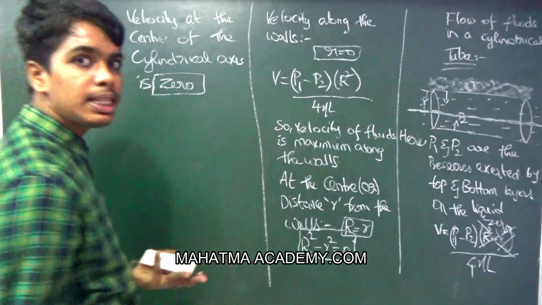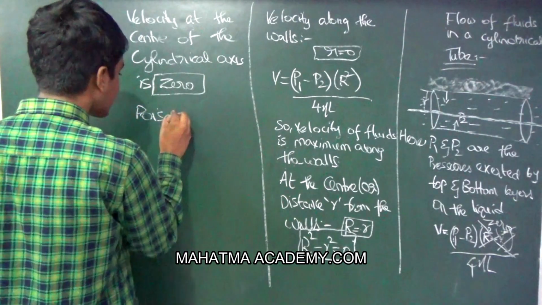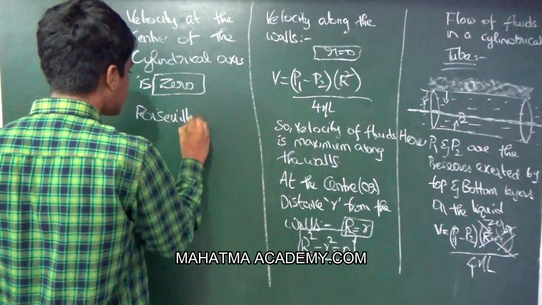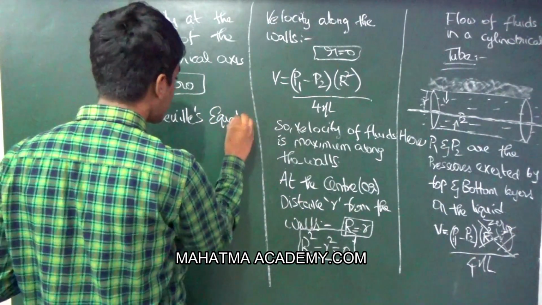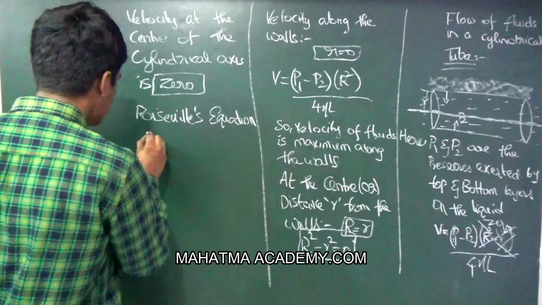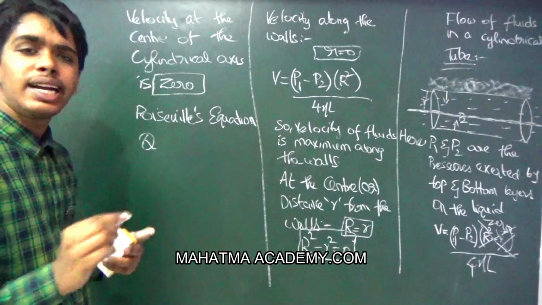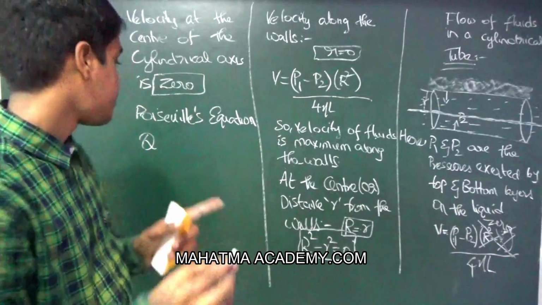The Poiseuille equation is simple. Poiseuille's equation is denoted by capital Q, or it is the flow, the change in volume with time.